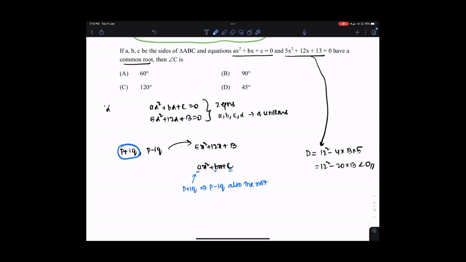In the same way, if p minus iq is the common root, it means p minus iq is a root of this, which implies p plus iq is also a root. In both cases, we are saying both roots are common, right?